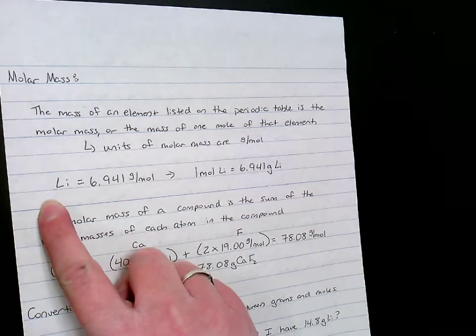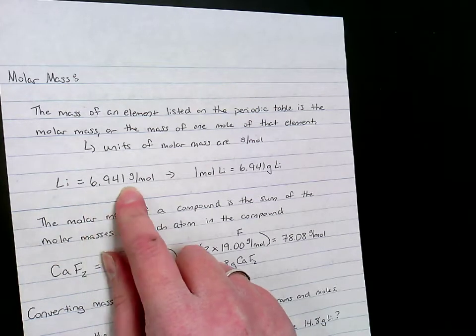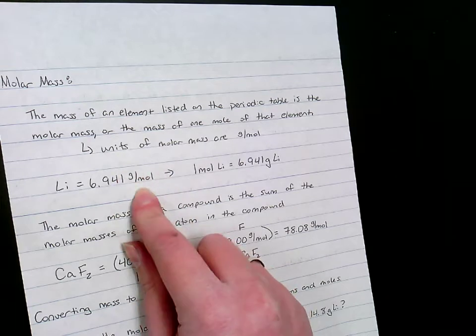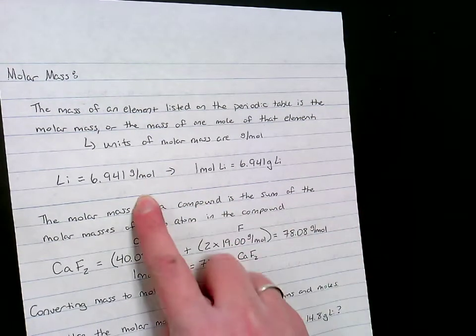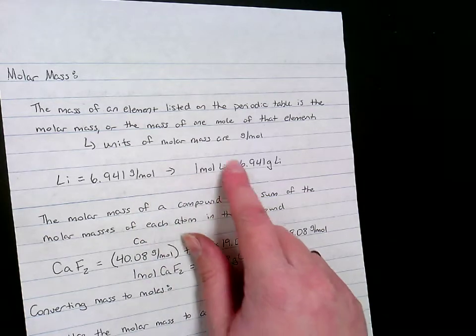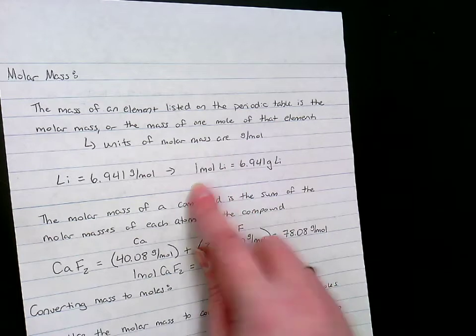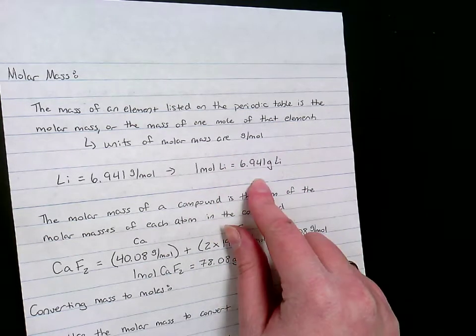So in this example, you can see that I have lithium is equal to 6.941 grams per mole. And grams per mole is the unit of molar mass. Because what that means is that 1 mole of lithium has a mass of 6.941 grams of lithium.